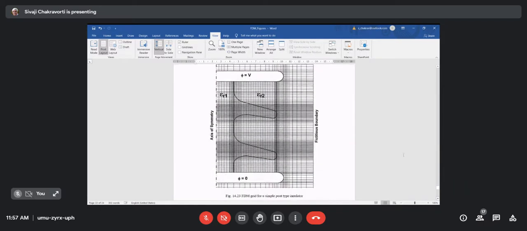Here you can see a typical post insulator, one electrode on top, one electrode at the bottom, and the post insulator. Here also, near the boundaries, we have gone for much lower nodal distances, whereas away from the boundaries, we have taken unequal nodal distances.